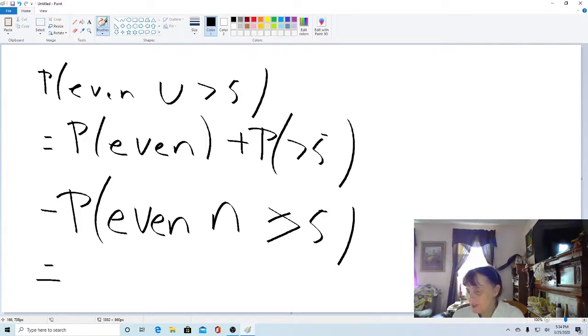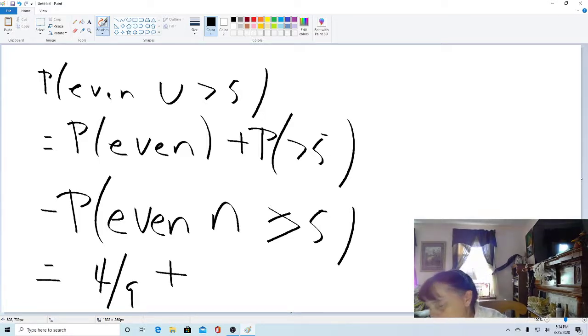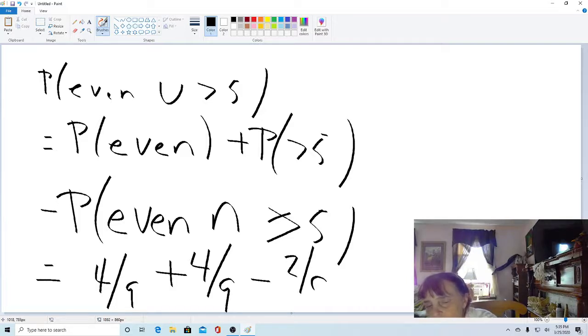Okay, the probability it's even is 4 ninths. And the probability it's greater than 5 is also 4 ninths. And how many are even and greater than 5? It's 2 ninths. So 4 ninths and 4 ninths is 8 ninths minus 2 ninths is 6 ninths, which reduces to 2/3.